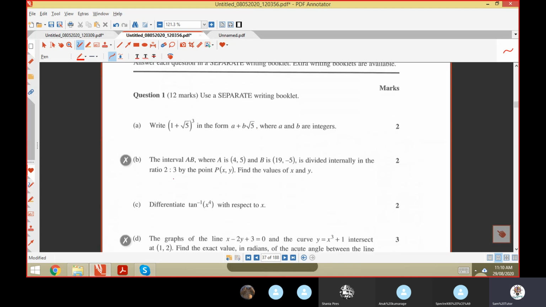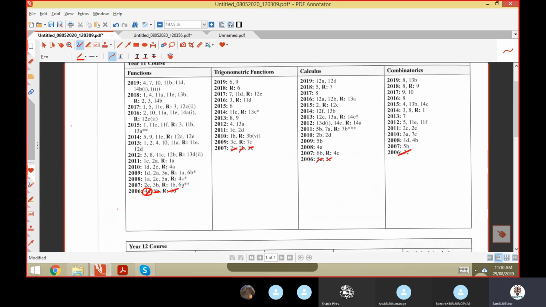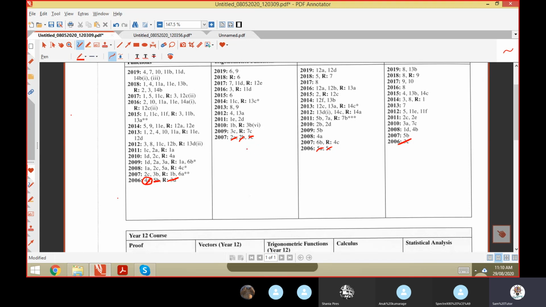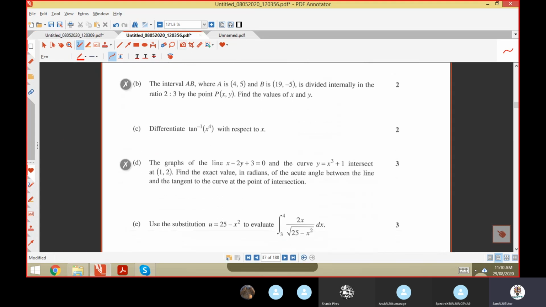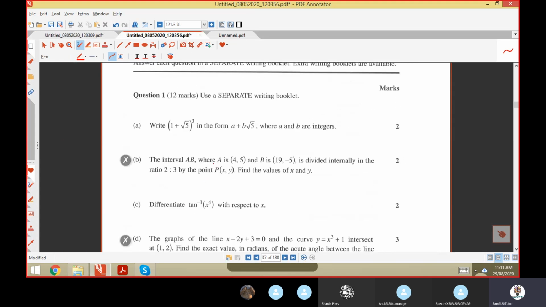All right. 2007 question 2A, 2B, 2C. We should be able to do all those. So just have a look at that.